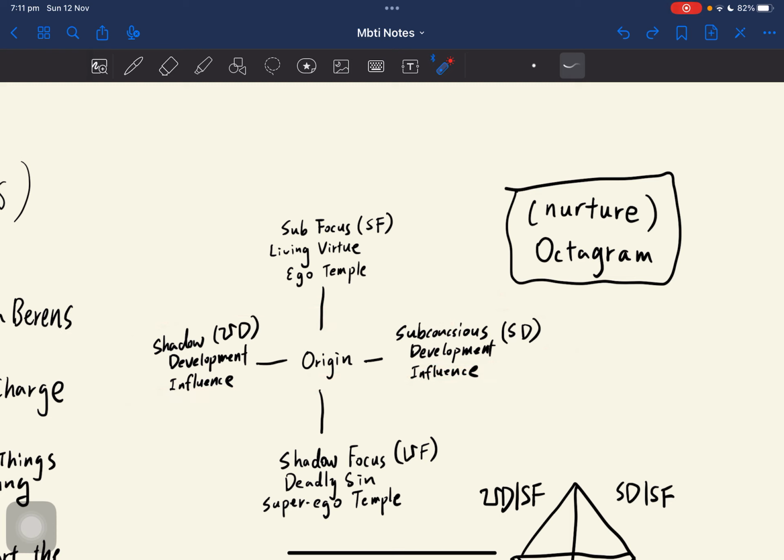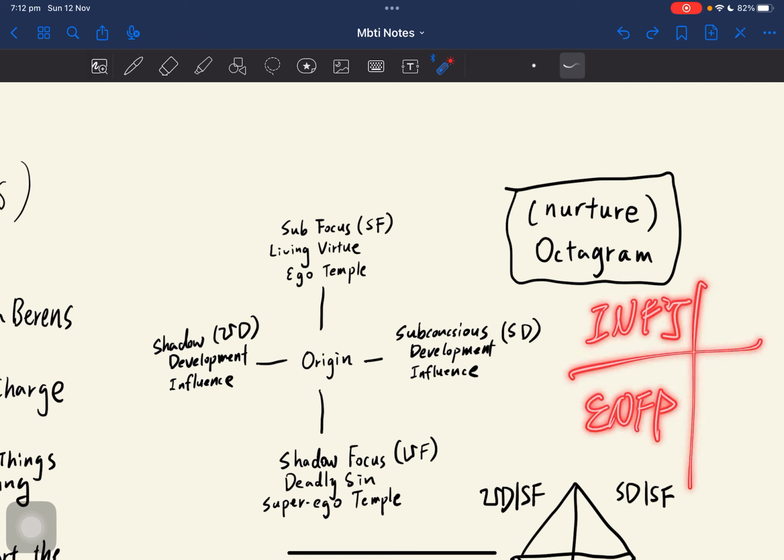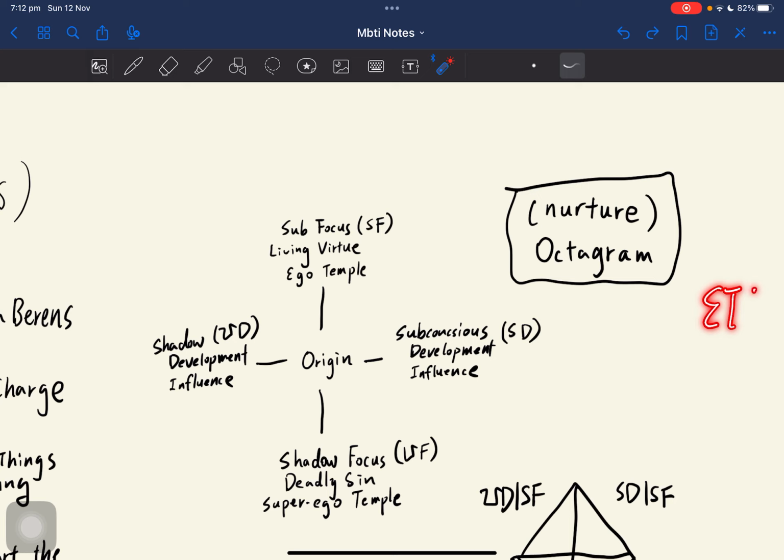So you have your four sides of mind, right? If you are an INFJ, you have ENFP shadow, and ESTP and ISTJ.